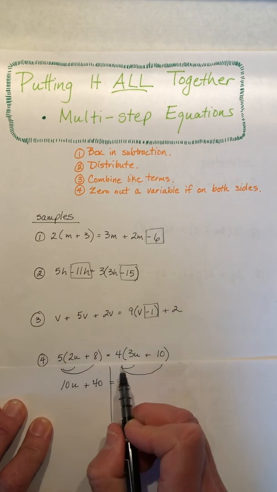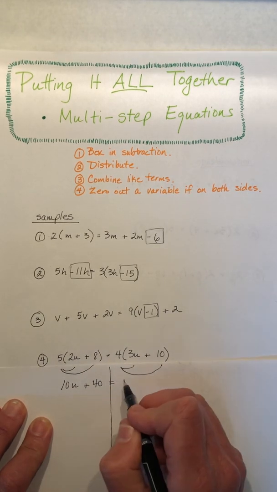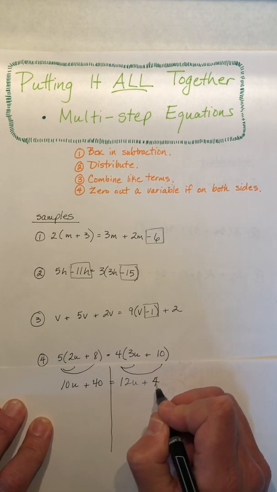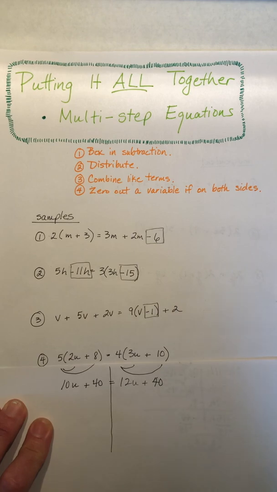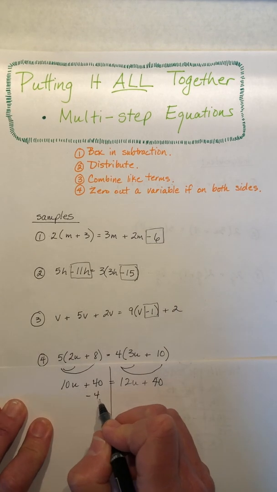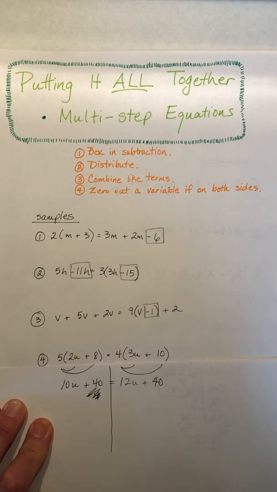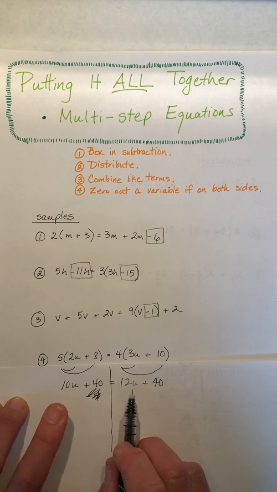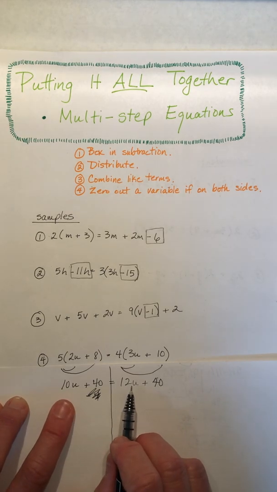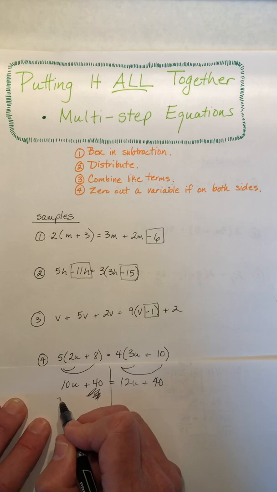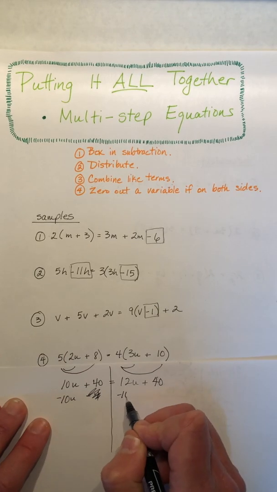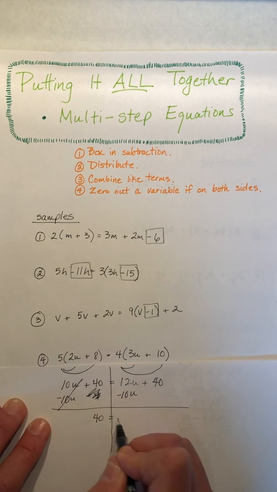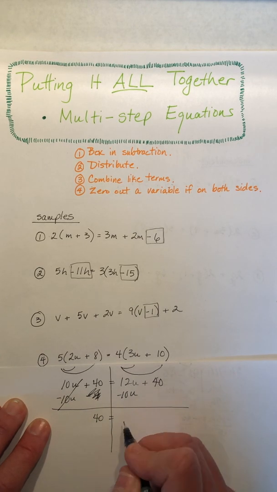Equals 4 times 3u is 12u, plus 4 times 10 is 40. I'm not subtracting 40 from both sides. I need to deal with the fact that I have variable terms on both sides first. So I'm going to go ahead and subtract a 10u from both sides. 40 equals 12 minus 10 is 2u.